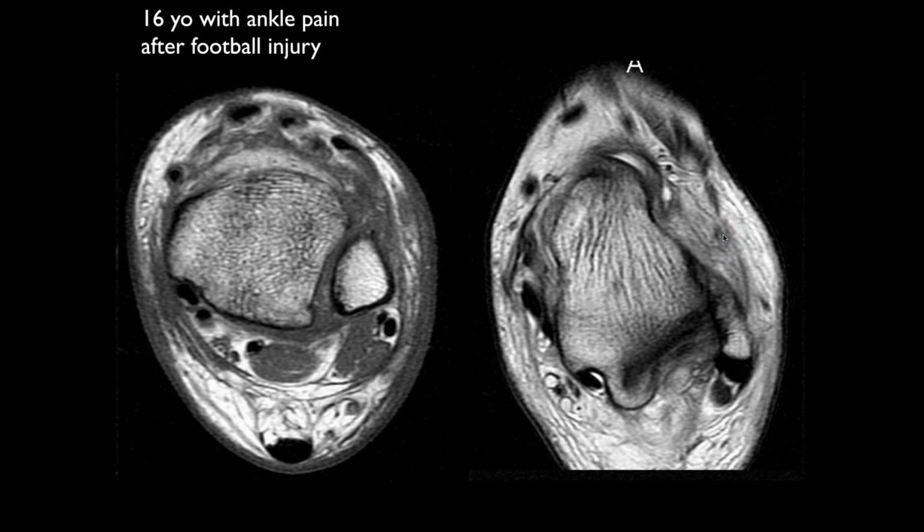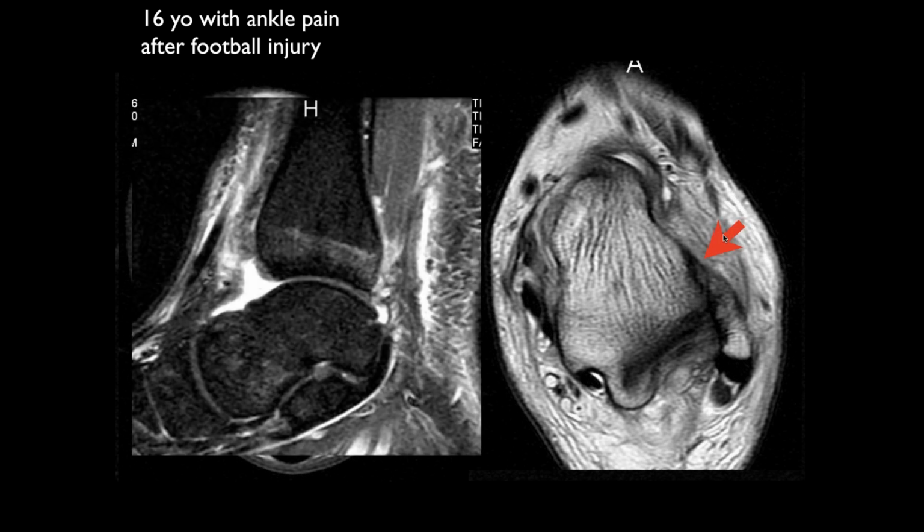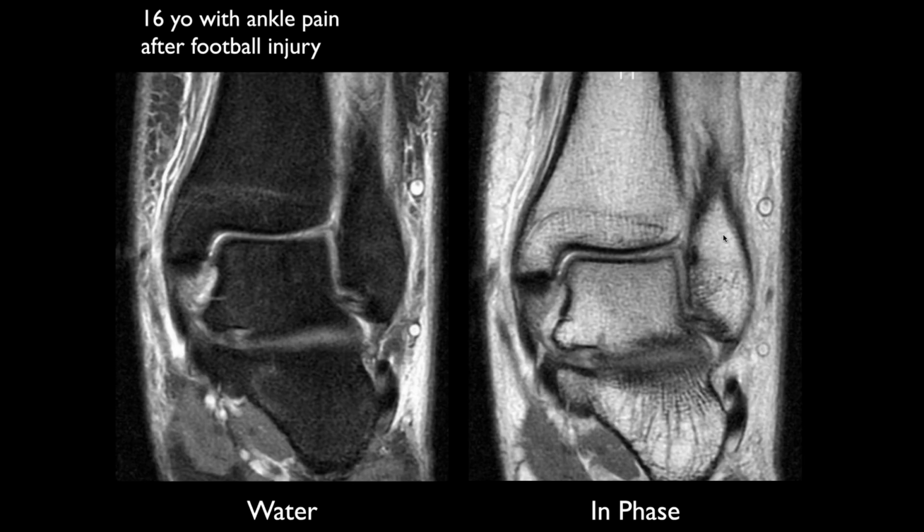Now, if we get down to the anterior talofibular ligament, what do you think? That looks intact, actually. Right. Do you think that the fibula is a little separated from the tibia and talus, John?